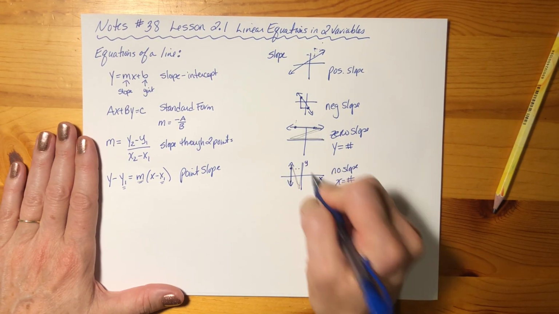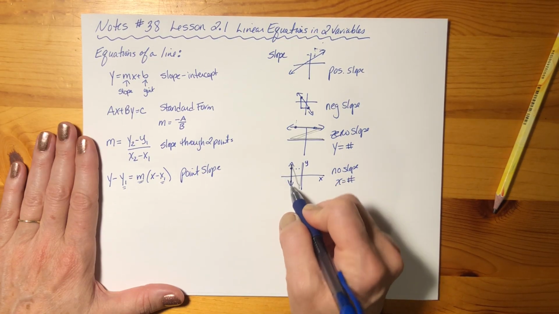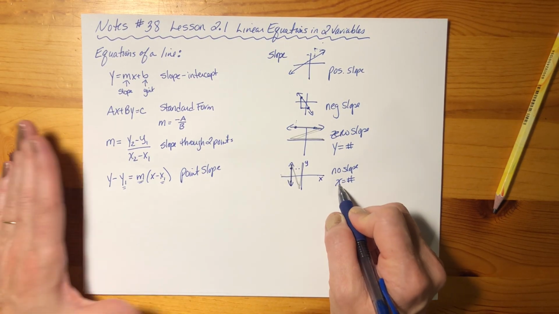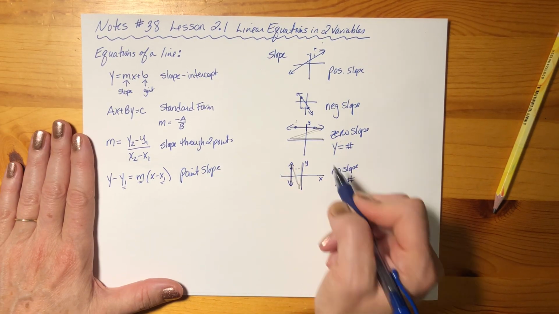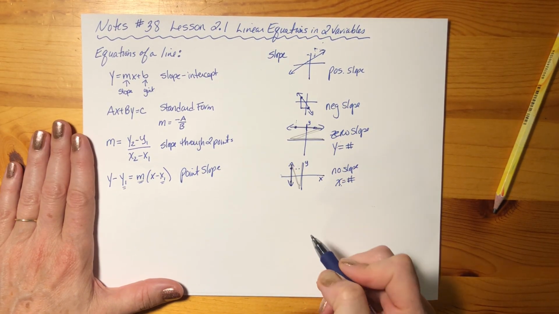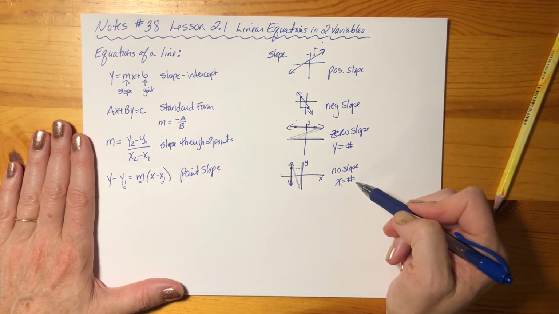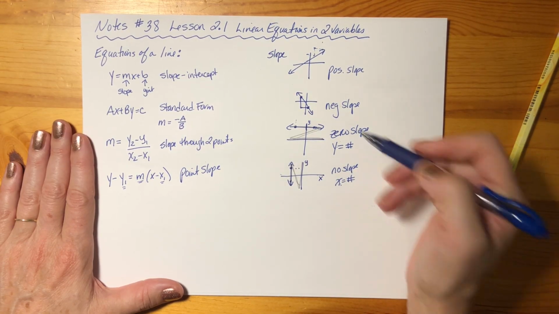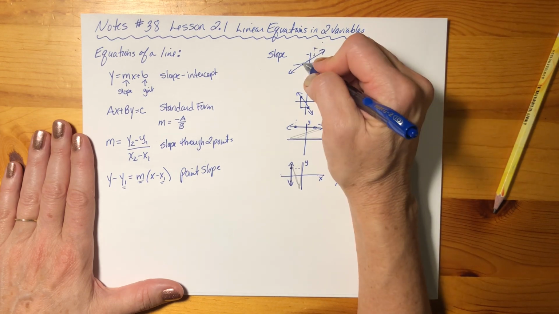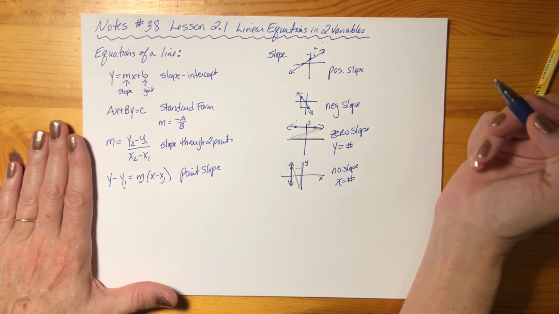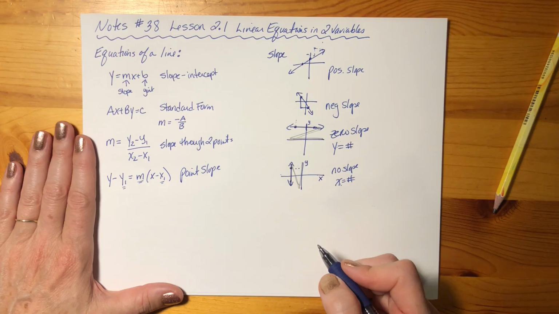So here's my x-axis, here's my y-axis. This line is going to go through the x-axis, so I have an x in my equation. Over here, this line is going to go through the y-axis, so I have a y in my equation. Notice I don't have an x in one equation, and I don't have a y in the other. Over here, where I have my positive slope, I would have both an x and a y in my equation.